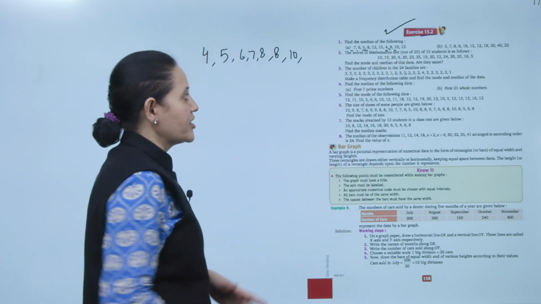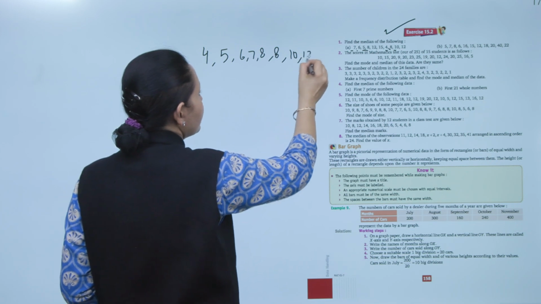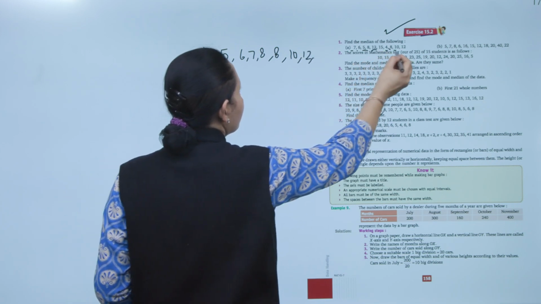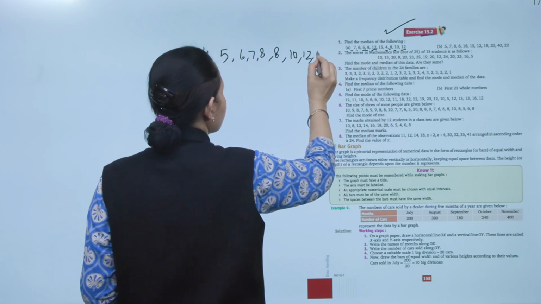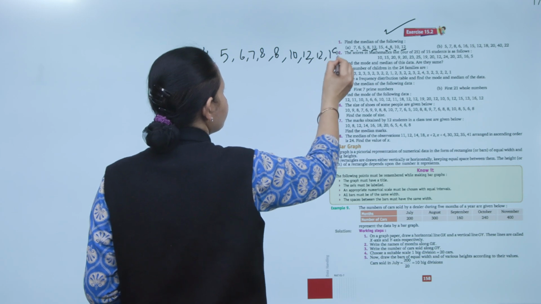So we'll mark whatever numbers we have written, then 12, again 12, and then 15.